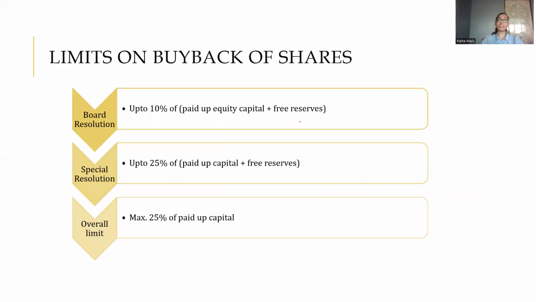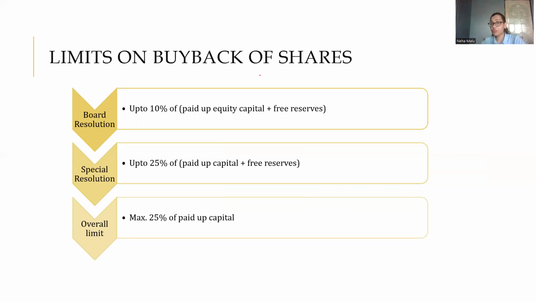Next, moving ahead with the limitations, the limits on how many shares the company can buy back. If the company is considering utilizing only up to 10% of its paid up equity capital and free reserves, then a board resolution would suffice.